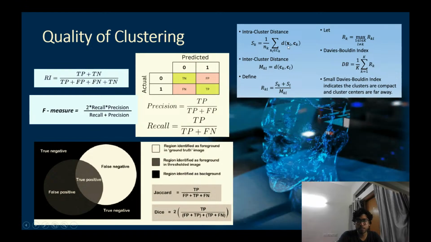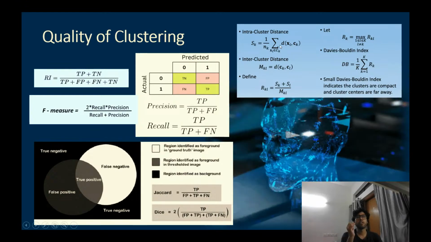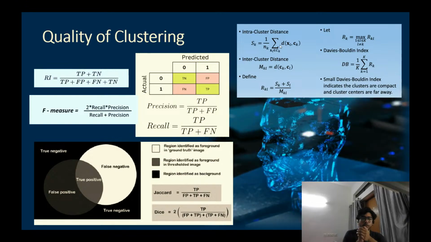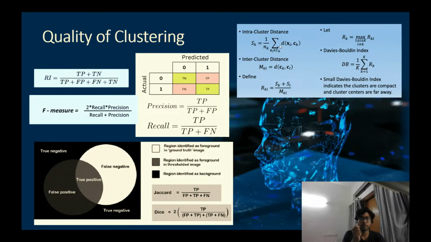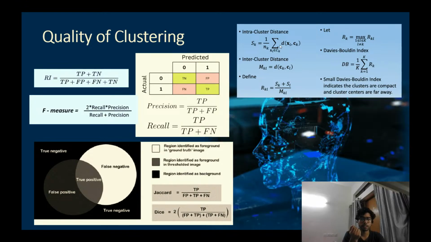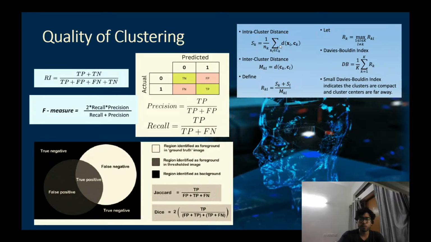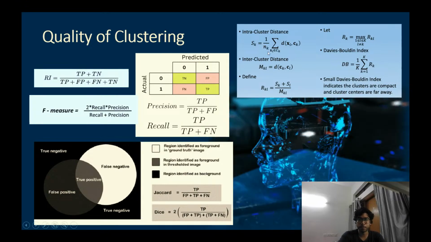Which means that if you just consider one cluster, let's say the first cluster out of the 3, you calculate the distance of each point from the centroid of the cluster, sum them up and divide by the number of points in that cluster. That is the intracluster distance.